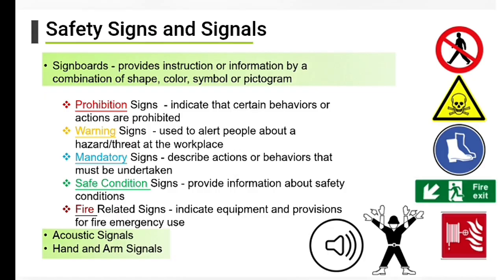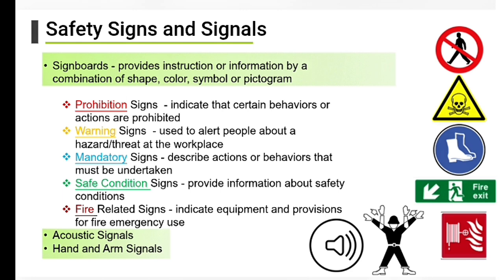Signboards are visual tools that convey essential information through a combination of shapes, colors, symbols, or pictograms. Within this category, you'll find various types of signs that serve distinct purposes. Prohibition signs clearly communicate what actions or behaviors are not allowed. Warning signs are used to alert individuals to potential hazards or threats in the workplace. Mandatory signs specify actions that must be undertaken.